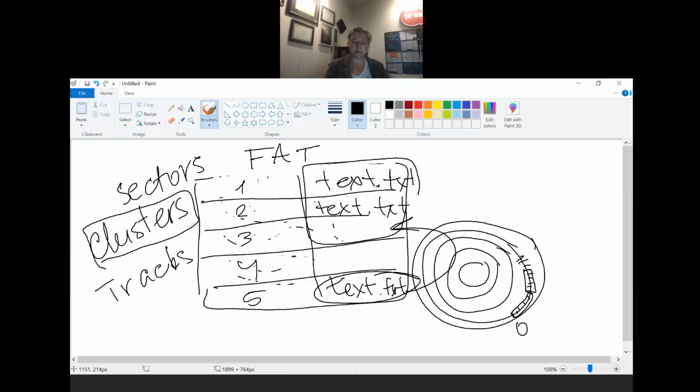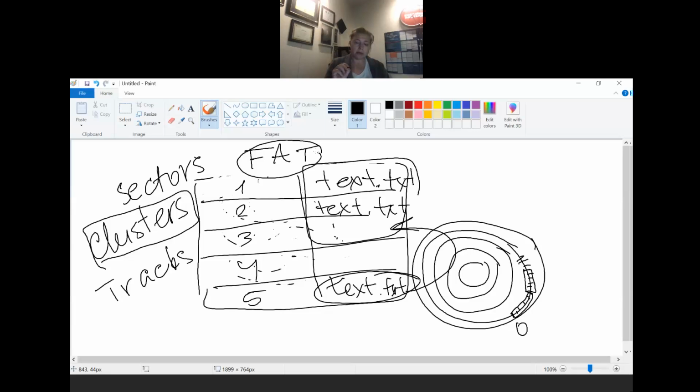So the reading would be very fast compared to when files are fragmented. That's the reason this system is called FAT, because it used a file allocation table, the table that tells where exactly each file is located on the drive.